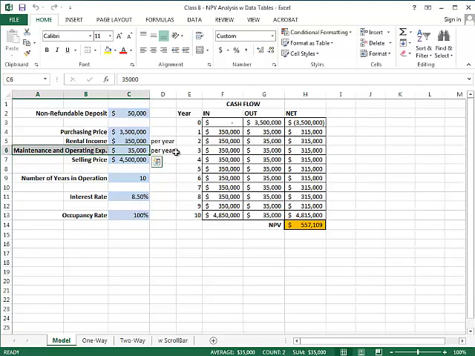In fact, the case description states that maintenance and operating expenses are likely to be between $30,000 to $40,000 per year.